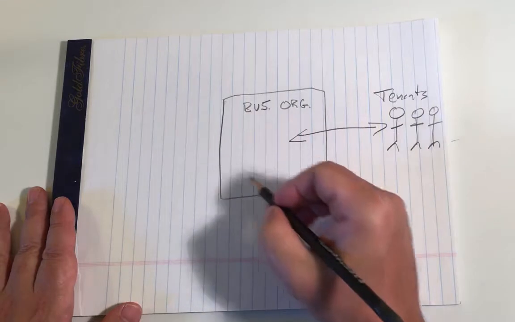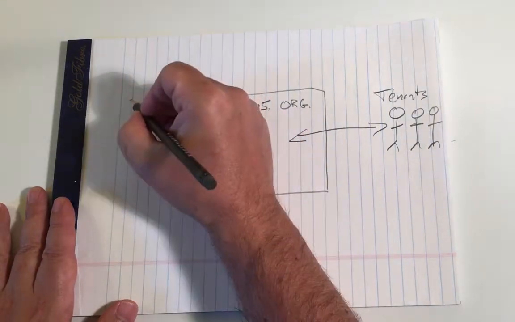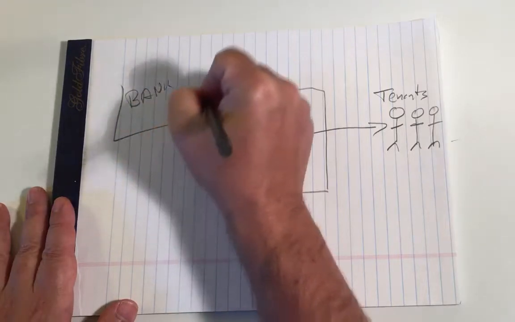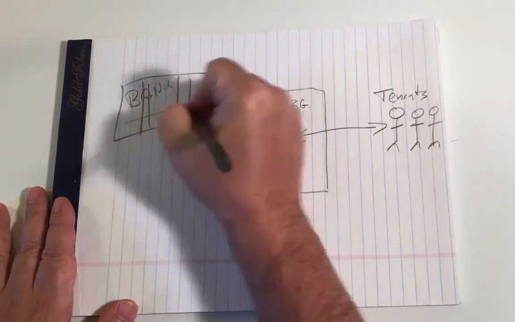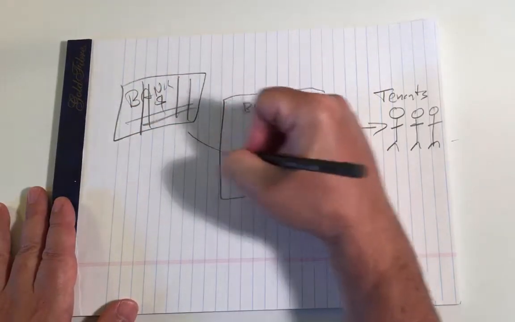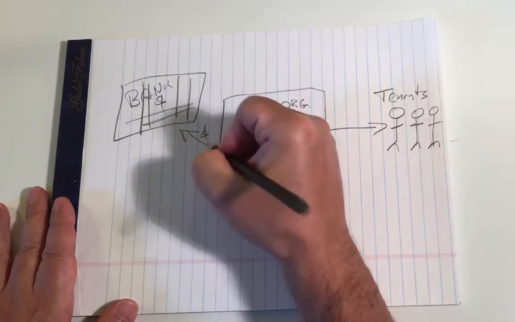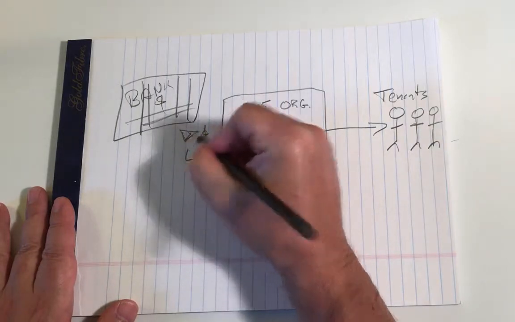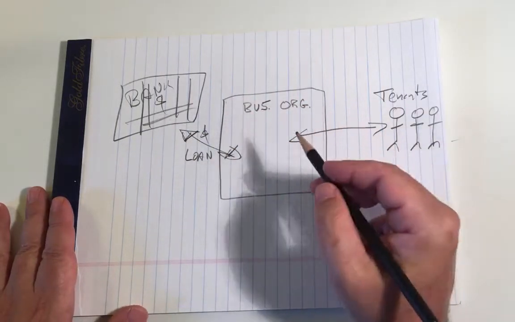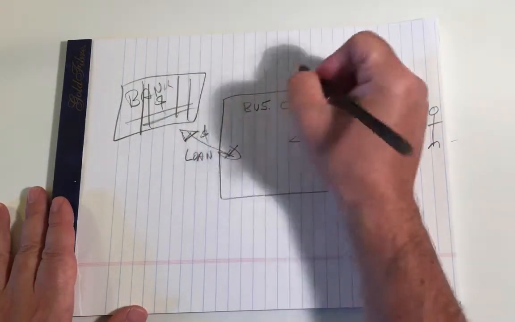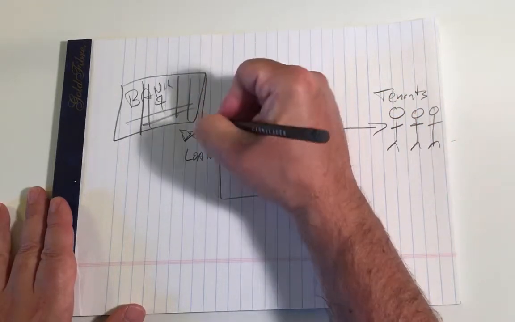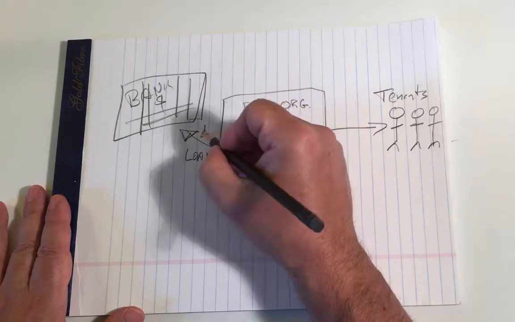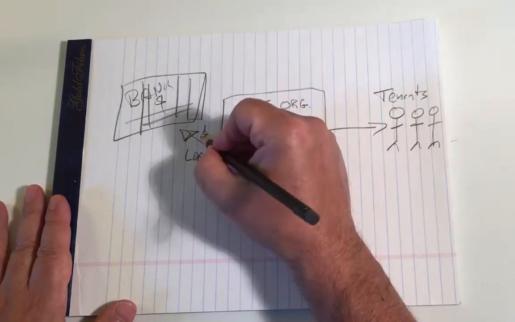Instead of borrowing the money personally, Fernando asks the bank to lend the money to the entity, right? So the loan now is between the business organization and the bank. Although I'll admit that in all likelihood, the bank is still going to ask Fernando to sign a guarantee of that loan. Still, the primary obligation is between the organization and the bank.